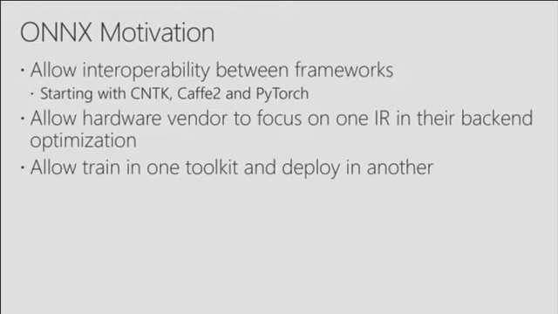The motivation of creating such an exchange or model format is, one, to allow interoperability between frameworks. So you can, for example, train with a CNTK toolkit, save the model into this format, and then do inference on Caffe2. We also allow the hardware vendor to focus on one single intermediate representation in their backend, which makes their life a lot easier. The third one I already mentioned: you can train in one toolkit and deploy in another.